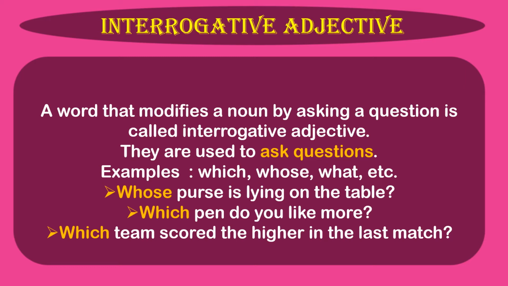Which team scored the higher in the last match? Here also team is the noun and which is the interrogative adjective. Just keep these things in mind to differentiate between adjectives and pronouns. As I told you at the time of pronouns, the types of pronouns and types of adjectives are almost similar, so you have to differentiate between them.